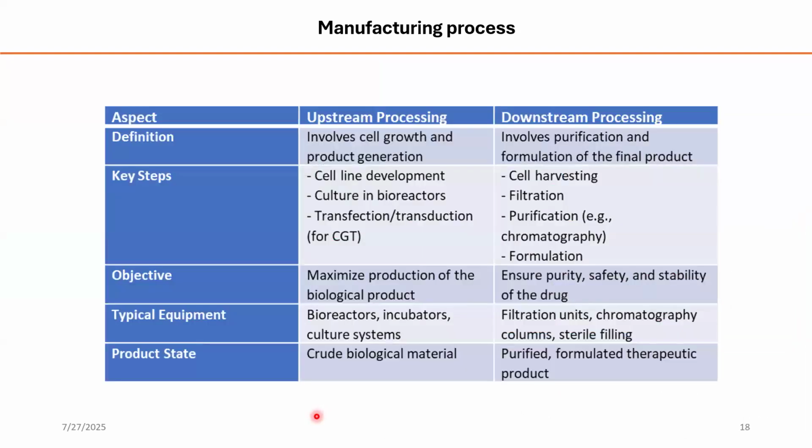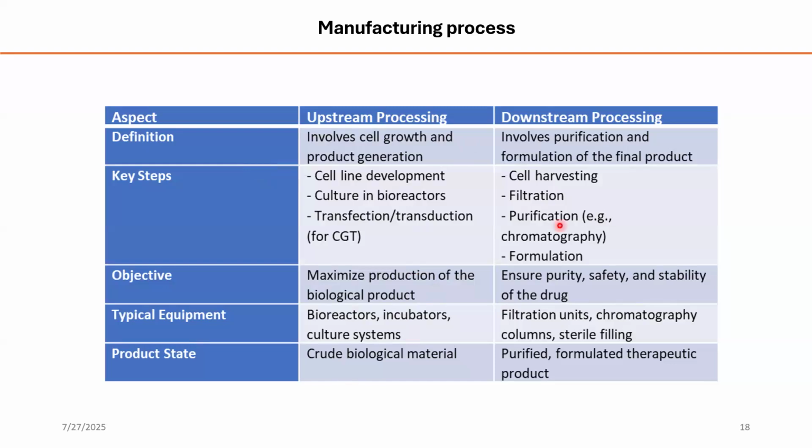So in general, the process involves upstream and downstream processing. Upstream processing means you do cell growth, product generation, cell line development, culture them in bioreactors, transfection, transduction to get the genetically modified product. Then you maximize the product and use typical equipment like bioreactors, incubators, culture systems, and you use the crude biological material.